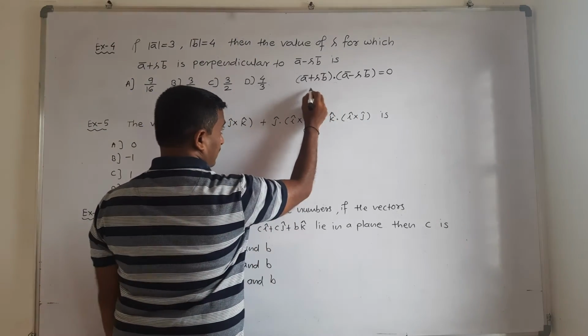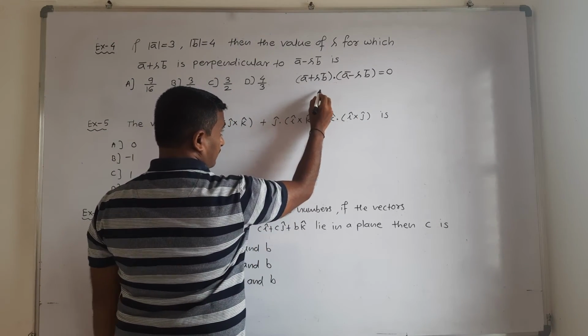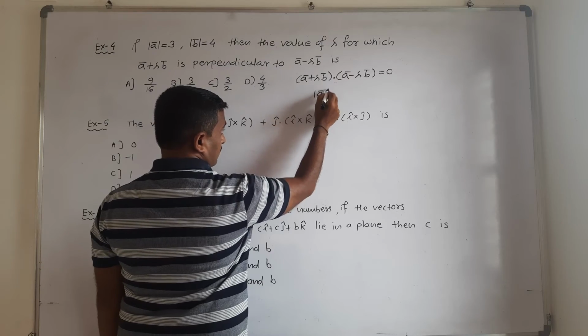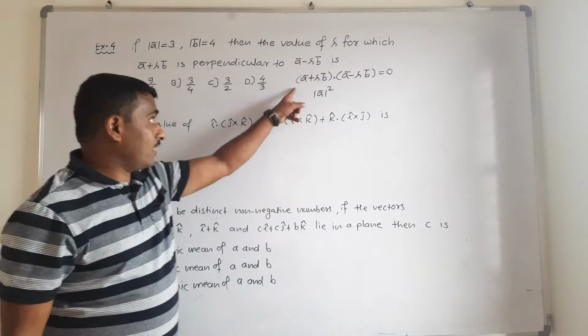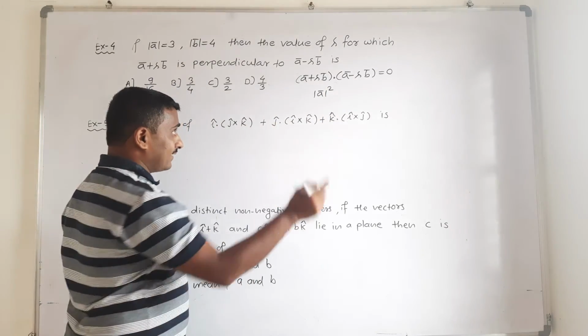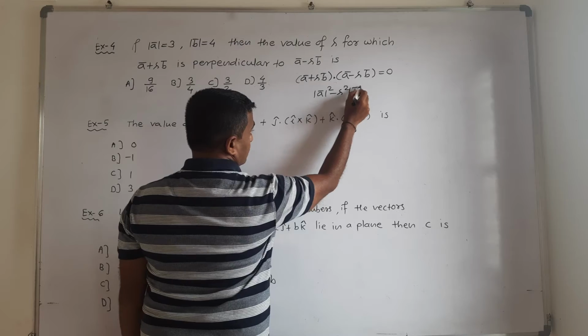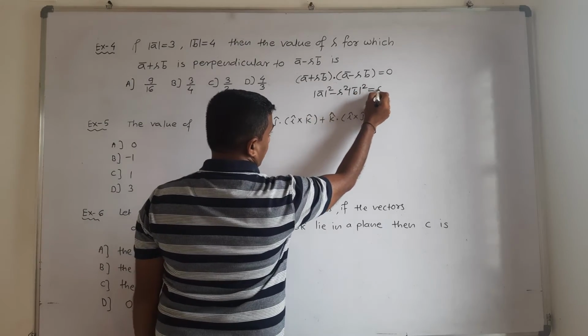Therefore, in its multiplication, A bar dot A bar is modulus A bar square. Directly I write modulus A bar square minus lambda square modulus B bar square is equal to 0.